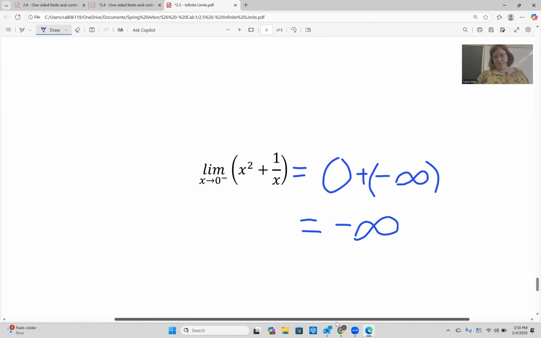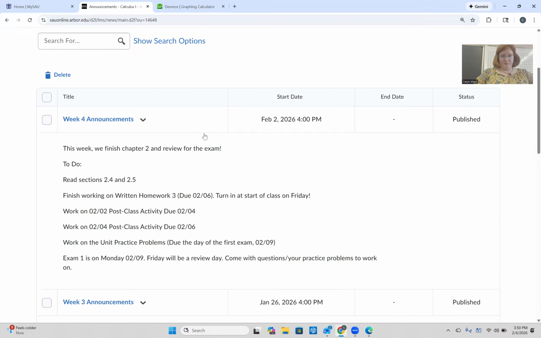All right, so that is the end of this section and the end of the first unit. Again, you have a post-class activity, which, if I type it correctly, should be one of the problems we've done today. We'll have a review day.